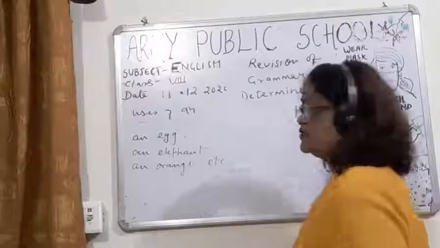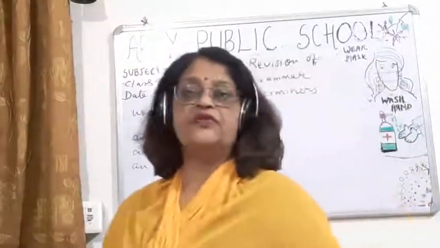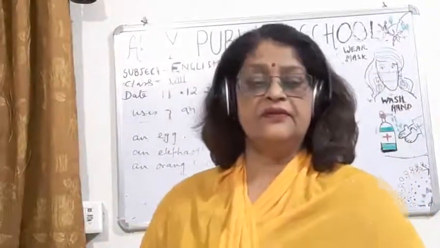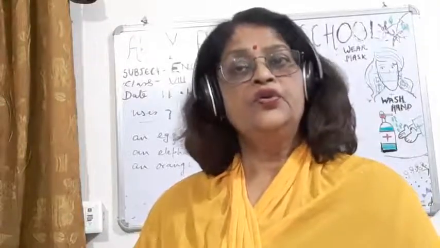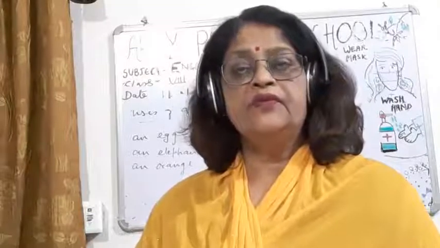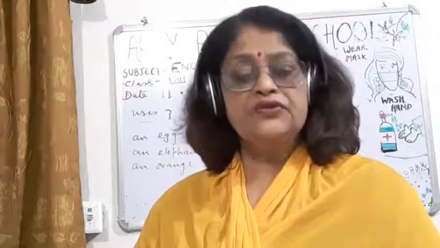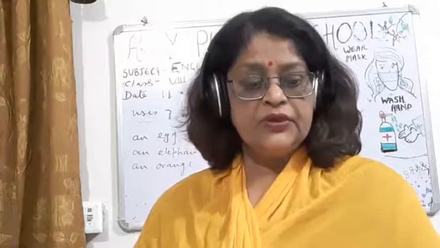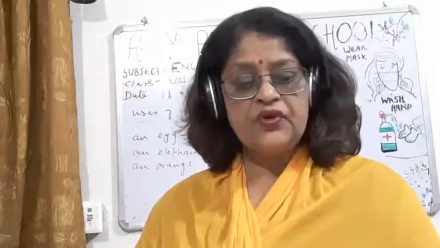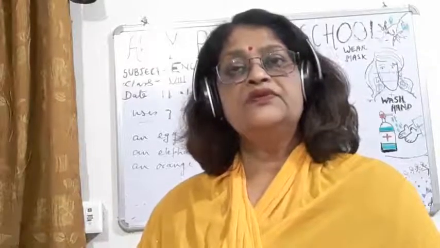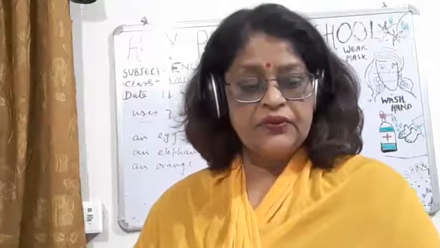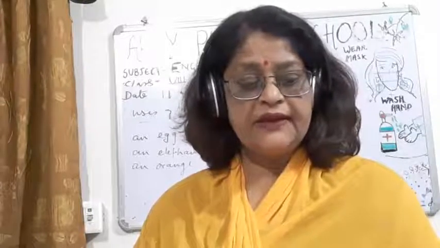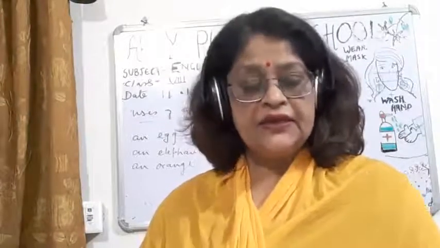Okay, so generally with vowel sound we put an. So a is used with a consonant sound, and an is used with the vowel sound. Okay, like an umbrella, an orange, an egg.